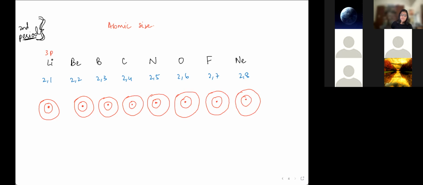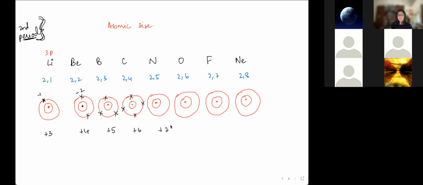Okay. Lithium has +3 in the middle and then 1 electron at the end. Beryllium has +4 in the center and 2 electrons here. This has +5 and 3 electrons. This has +6 and then 4 electrons.